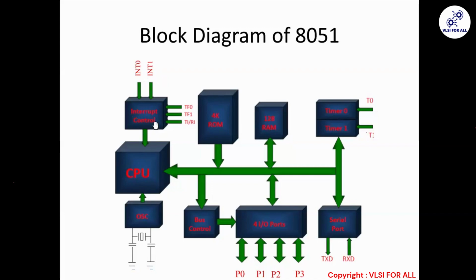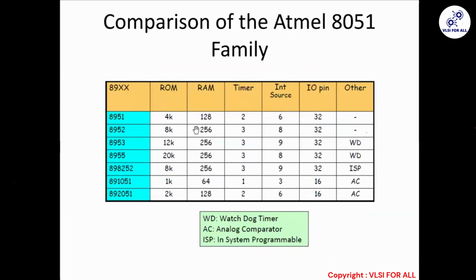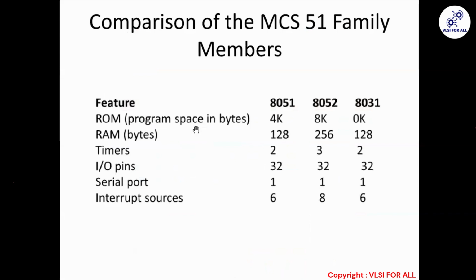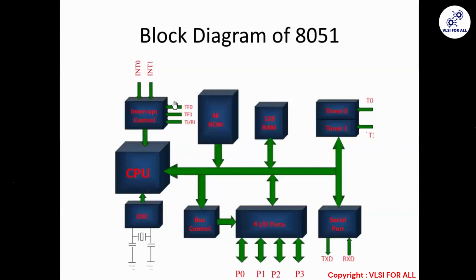So interrupts are there, and these are flag bits: TF0, TF1 and TR0, TR1. Again, these are flag bits which can stop the working of the CPU if the program demands it. Just one minute, I'll go back in the interrupt case. They are saying 6 interrupts. So that way interrupt control is there. So you got it: the CPU is doing arithmetic and logic operations supported by the oscillator, and interrupts are there directly in conjunction with the CPU.